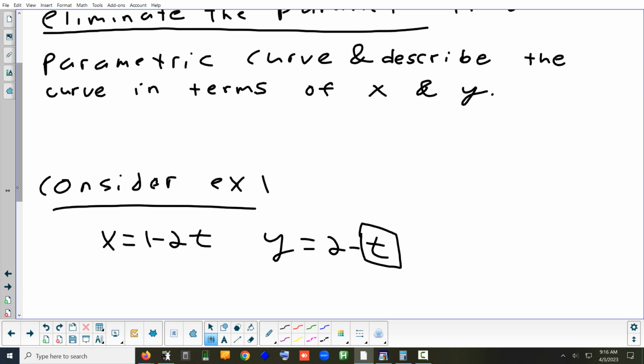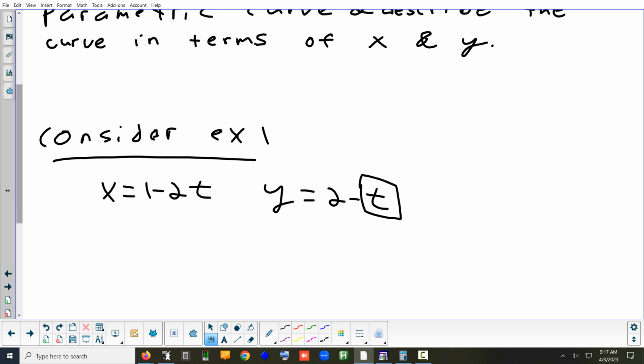How could I get something to substitute in for t here? Anyone have a guess? Something I could do to get an expression that I could plug in for t? Yeah? Put the x, so 1 minus 2t, and 2 minus t.